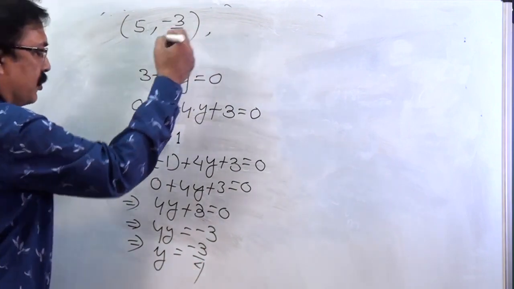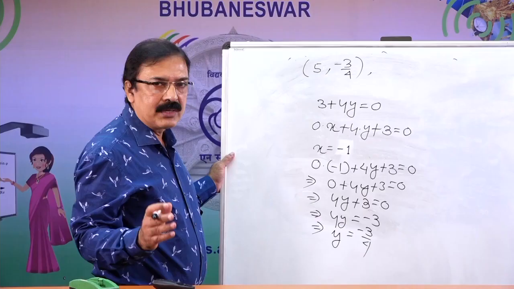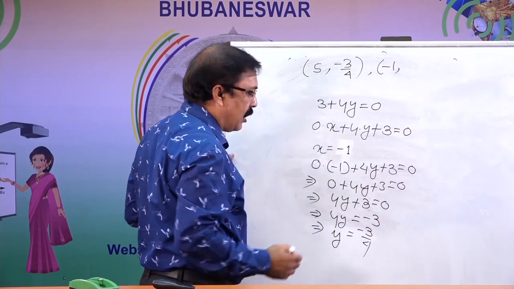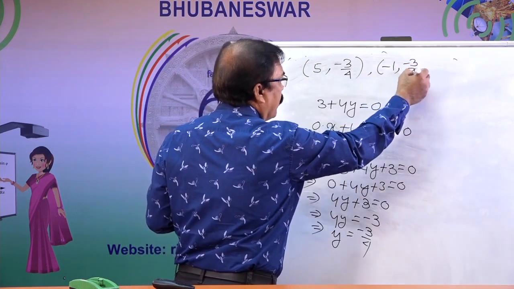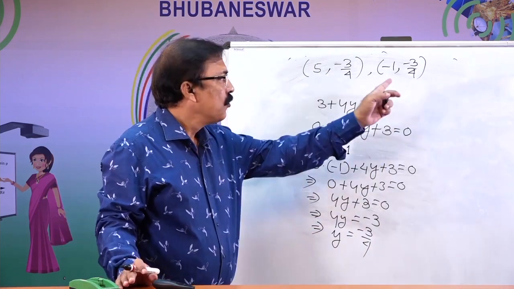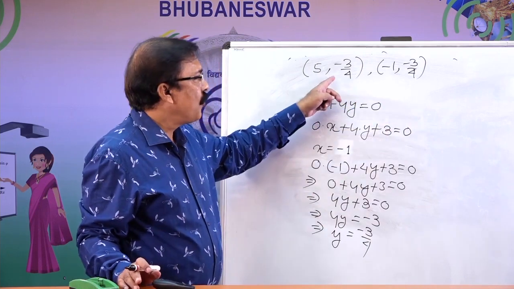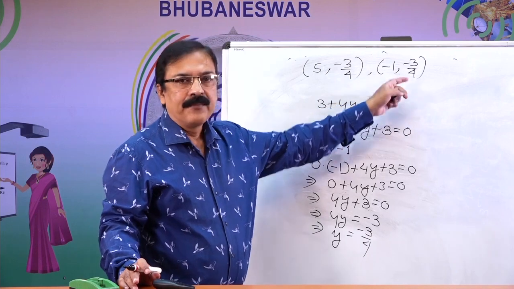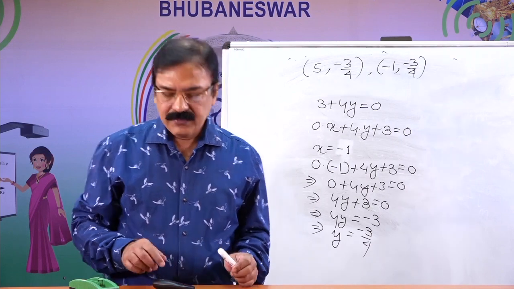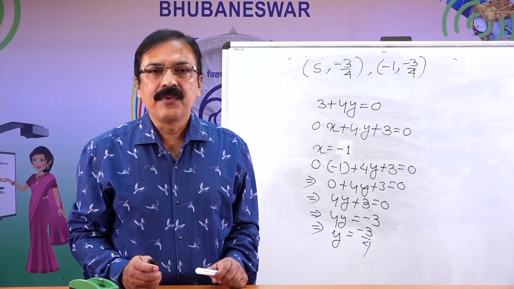Then what will be the solution here? The solution of this linear equation in two variables is like this: minus 1 and minus 3 by 4. So you see, in this case, whatever the value of x, the value of y always remains the same, that is minus 3 by 4. This is the beauty of this equation as a linear equation in two variables.